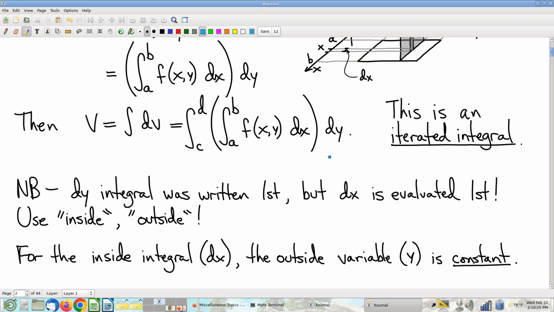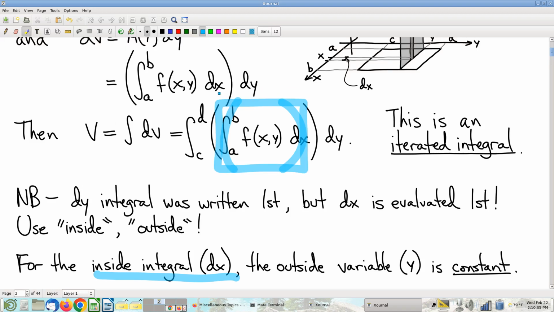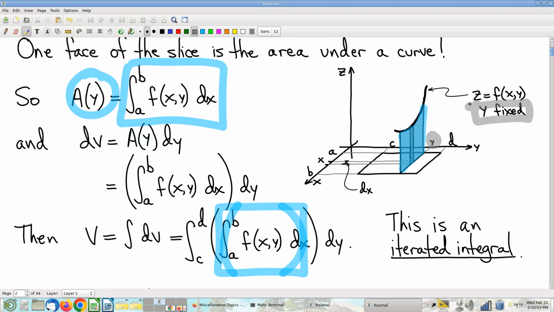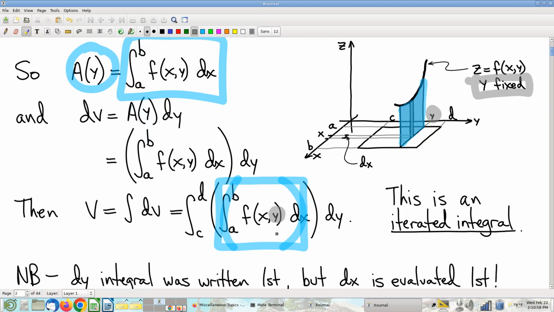Alrighty. Next thing, keep in mind, while you are doing the inside integral, for the purposes of computing what we have here, let me remind you, what was this thing on the inside? Its whole job is to compute this cross-sectional area. And for that cross-sectional area, I need to know what single value of y we are talking about. In other words, don't forget that y is fixed. y has to be constant for that inside integral to even make sense.